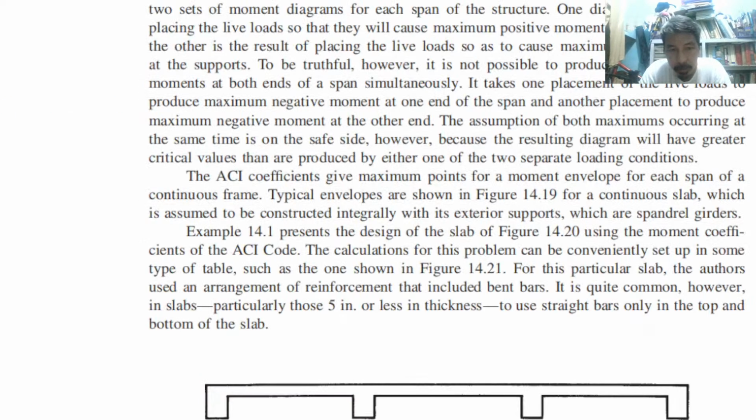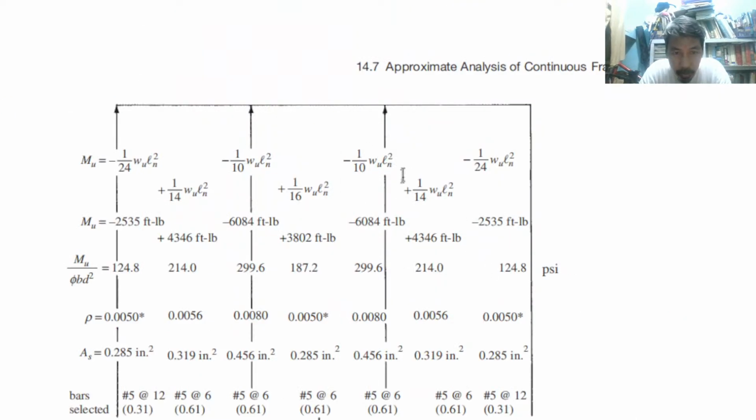So 1 over 10 is exterior of first interior support. 1 over 11 is the other face. Okay, but if you compare 1 over 11 and 1 over 10, which one is larger? 1 over 10 is larger.